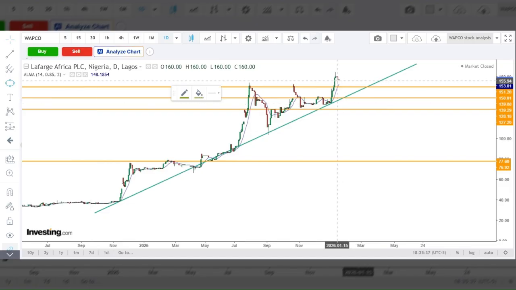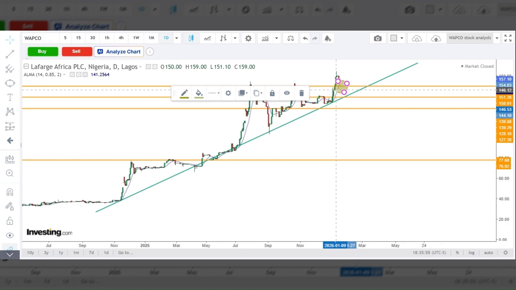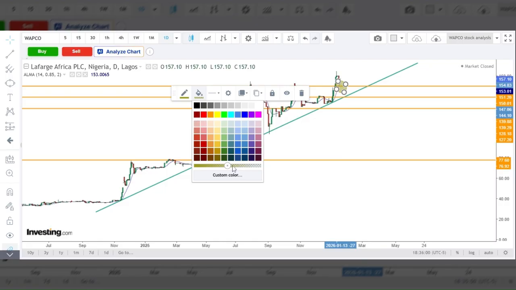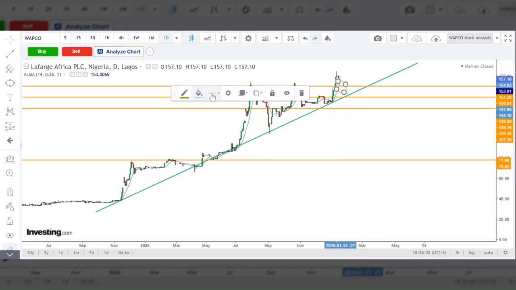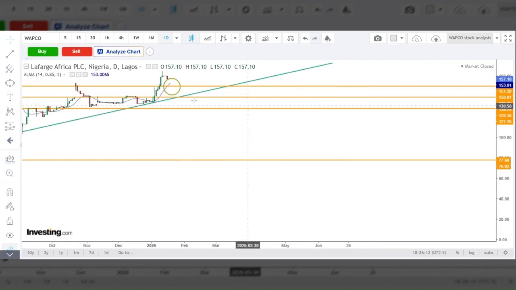From here, this is where I think it will actually give us that signal. Where I drew this circle, that is where I propose the next signal will be. This circle here will actually show us where our next signal will be.